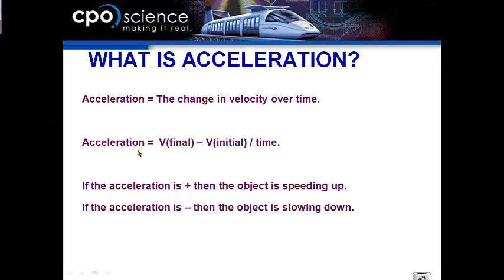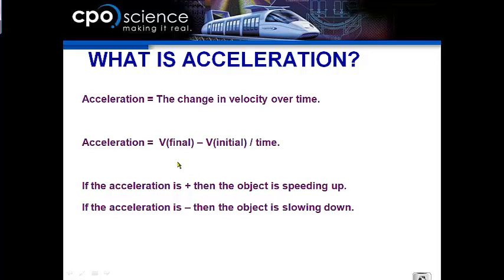You need to write down this formula and memorize it as well. Acceleration is my final velocity, how fast am I going at the end, minus my initial velocity, divided by the time it took me between the two. That's acceleration.